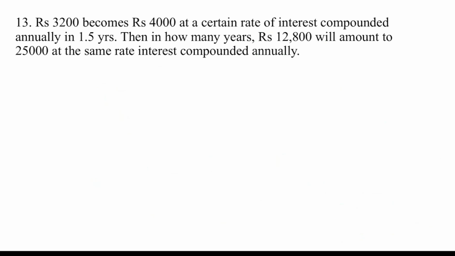Rupees 3,200 becomes rupees 4,000 at a certain rate of interest compounded annually in 1.5 years. So in these last few 3-4 problems, we are not interested in finding any compound interest. We are just finding out the time or times how much it is multiplying. We are not interested in this, but it is just given that compounded annually.